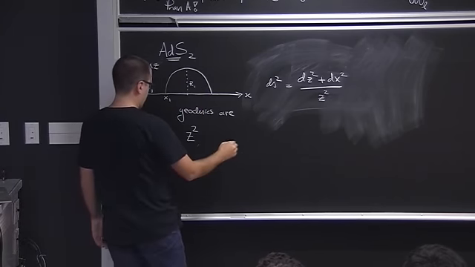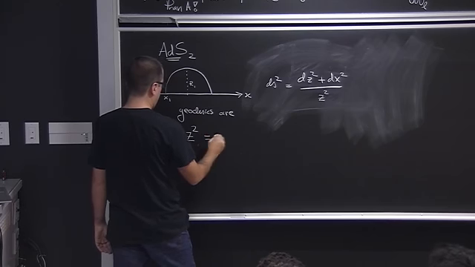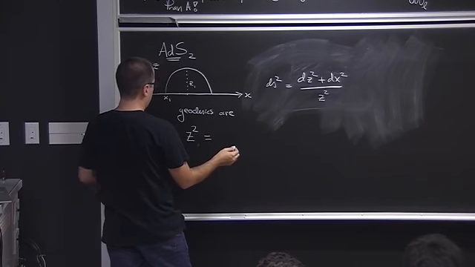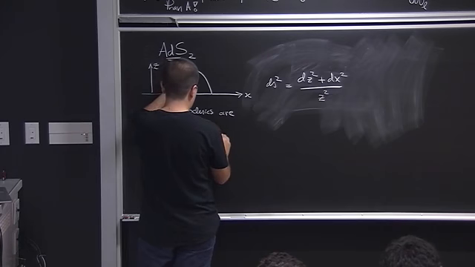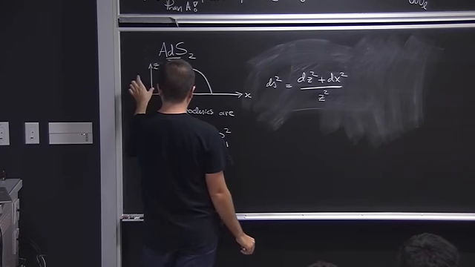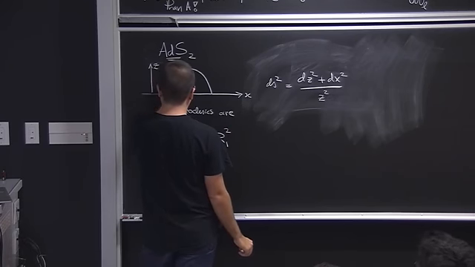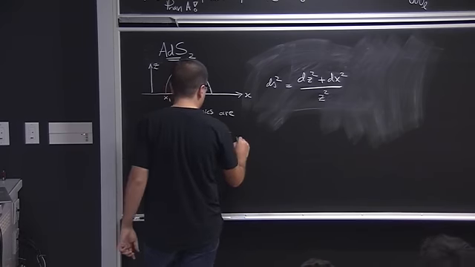So let's see if I can do this. So what is this? z squared is equal to r1 squared, minus (x minus x1) squared.